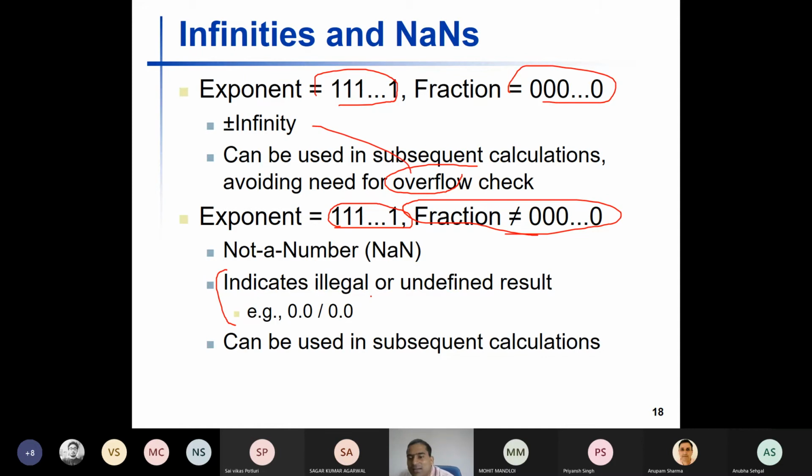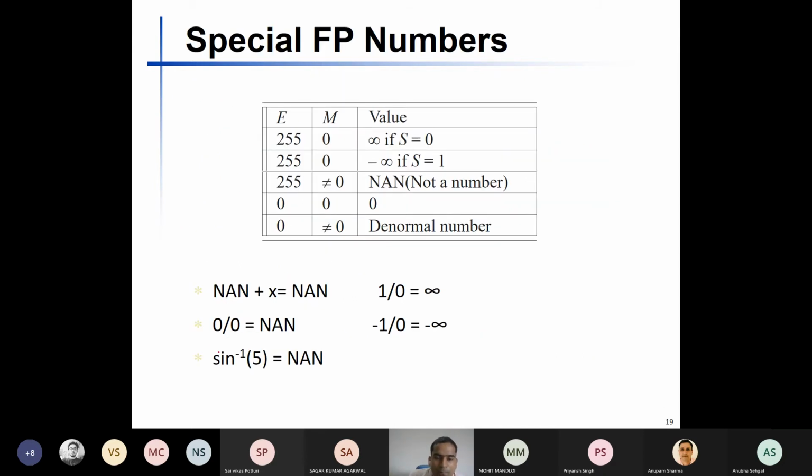That means some really big mistake has happened, which is outside the laws of mathematics. For example, if you want to compute 0 divided by 0, or if you want to compute sine inverse of 5, which is not possible, that's why we call it NaN.